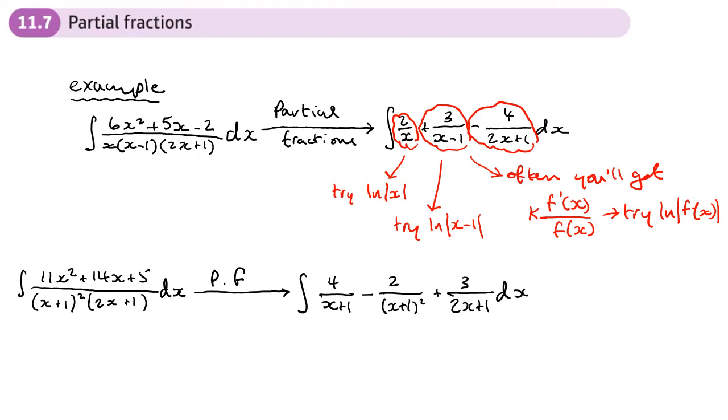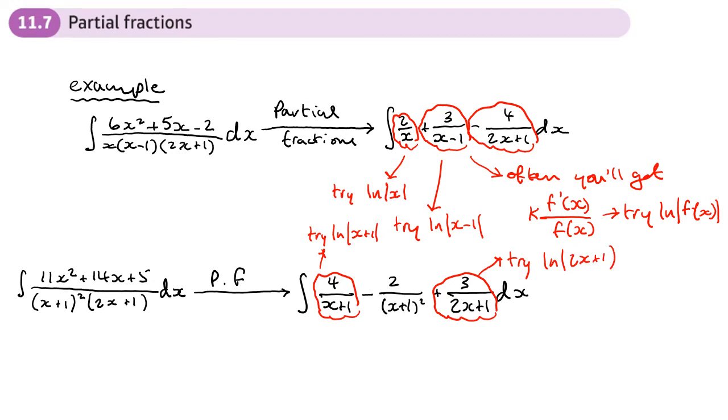So this part and this part we would use the reverse chain rule or the patterns. So we would try here log of the bottom, we try log of x plus 1, see if we need to make an adjustment. Here we would try log of 2x plus 1, see if we need to make an adjustment.